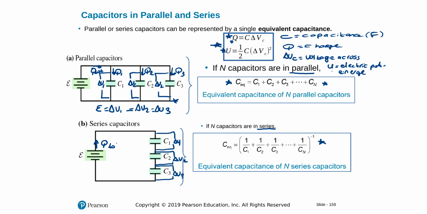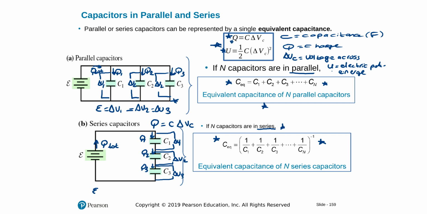We'll have a Q total, and the same charge should be accumulated on all the capacitors if they are in series. And then when we apply Q is equal to C delta V equation and solve for total potential difference, we will see that it's going to tell us that the equivalent capacitance should be inverse. We don't have to show those, of course. We'll go ahead and use these two equations to solve for equivalent capacitance.